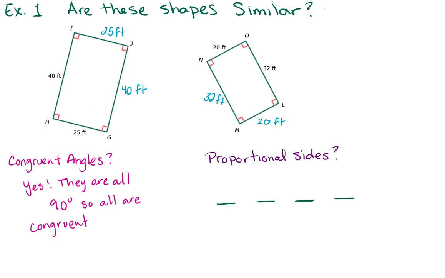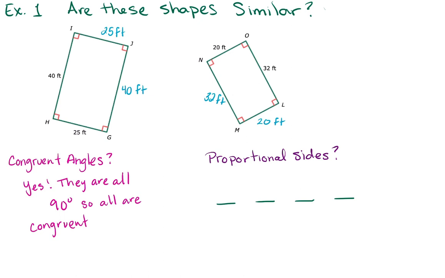So the first thing I want to do is set them up, and then I want to show that they're the same before I go back and say, okay, these are in fact equal, which satisfies the proportional sides requirement for similarity. Okay, so looking at this, I'm just going to go ahead and use the left figure, the JG figure, as my top numbers for my fractions, and then use the NOLM figure as the bottom numbers.